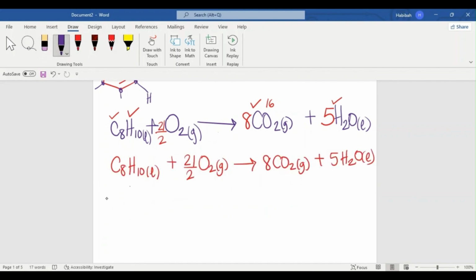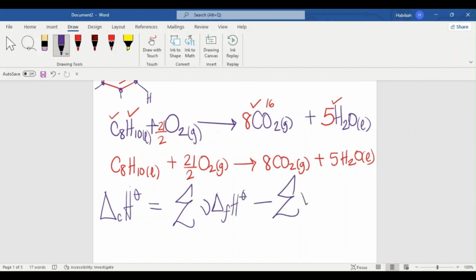Since combustion is a reaction, you can have the change in enthalpy of combustion equal to this formula here, and I'm going to explain the formula to you. You have this, and then you have the change in standard enthalpy of formation minus this here as well. We're just going to write the same thing. But you may be wondering, why are we writing the exact same thing?